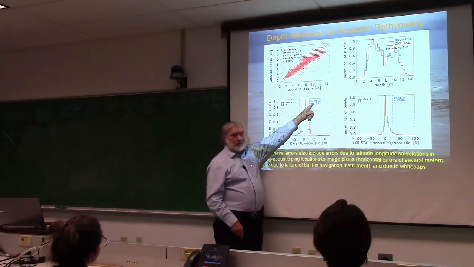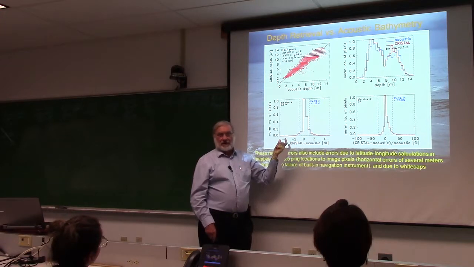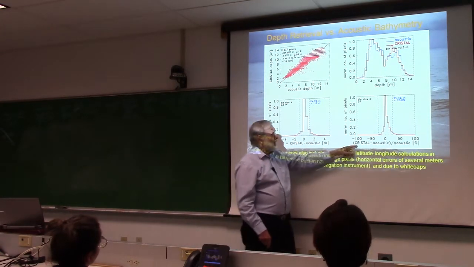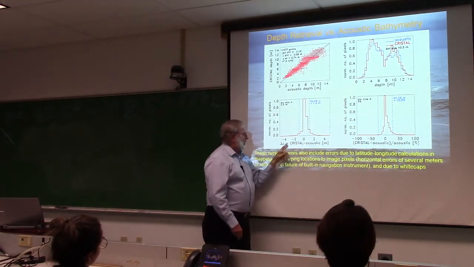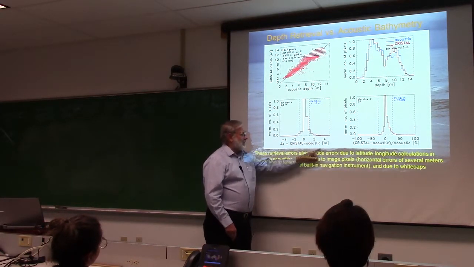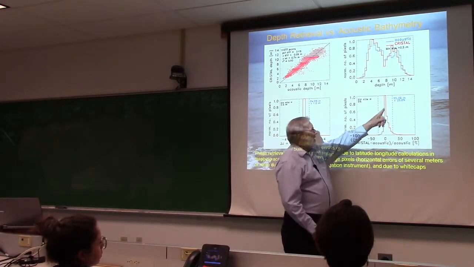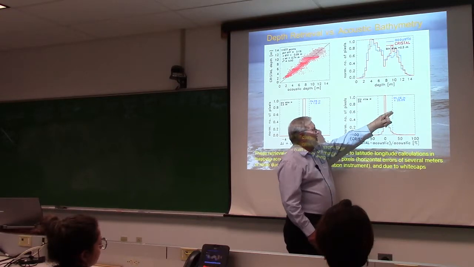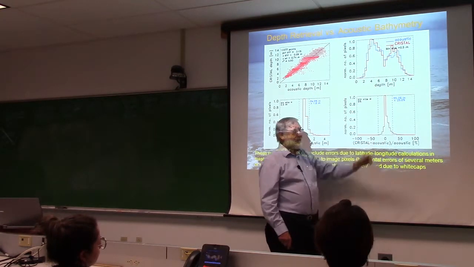About 85% of the points retrieved were within plus or minus 1 meter of the correct value. Same thing plotted here now as a percent difference, so just retrieved minus acoustic divided by acoustic. And here you see that about 95% of the retrievals are within plus or minus 25% of the correct value.